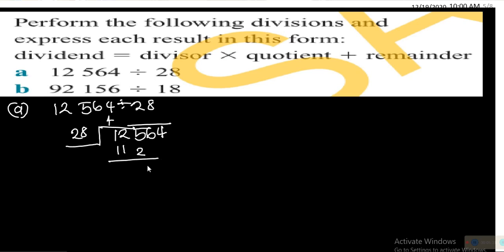If we subtract this, we have 3 here, and 2 minus 1 is 1. Bring down 6. 28 into 36 is, let's say, 5.